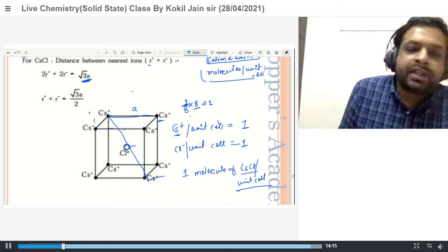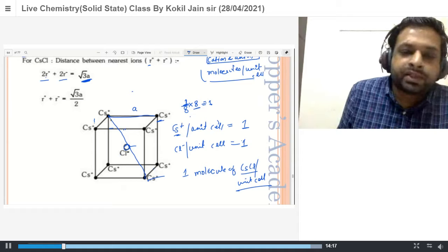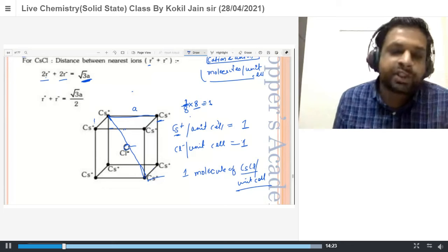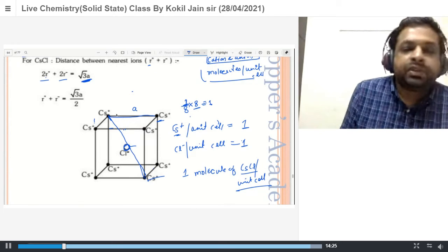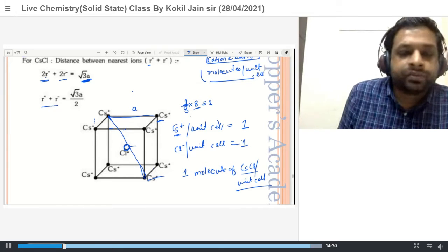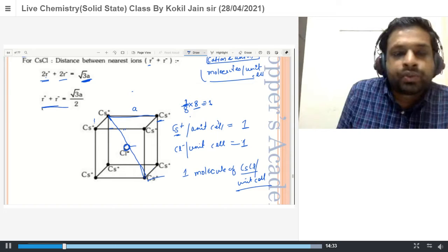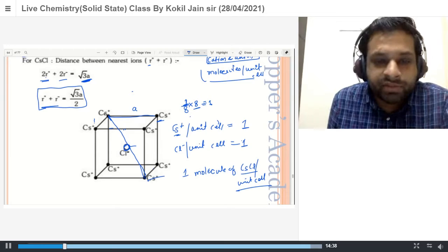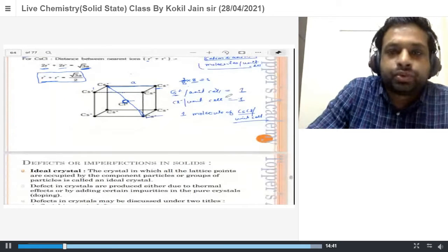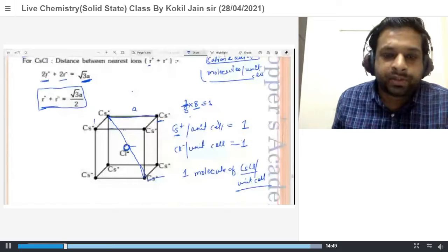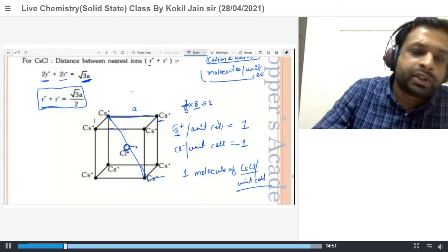This overall length is 2r plus from the cesium on either side, plus 2r minus of the chlorine. So effectively, the distance between nearest ions, r plus plus r minus, equals root 3a by 2. Understood? This is the nearest distance between the cesium and chloride ions.